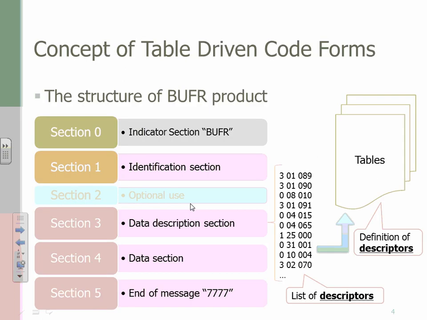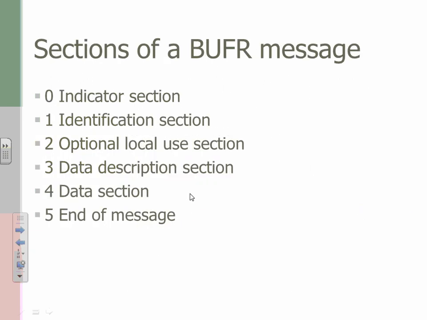So this is a slide I used in the second day session, and the structure of buffer product is like this. So it has section 0 to 5. What I'm now talking about is how this is represented in buffer in an example. The sections of the buffer message are 0 to 5.